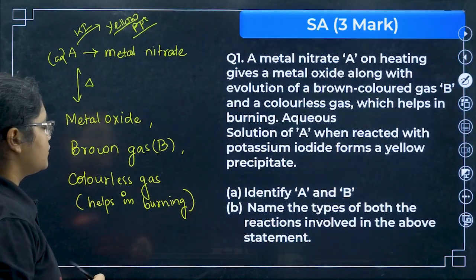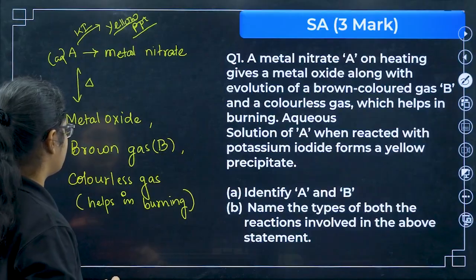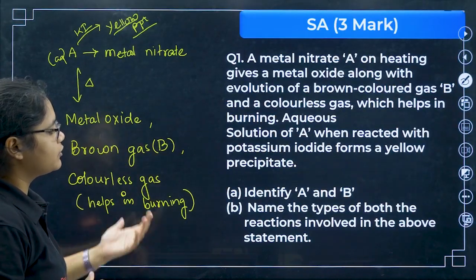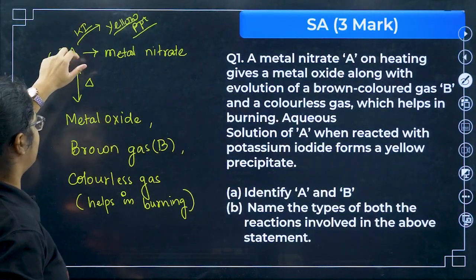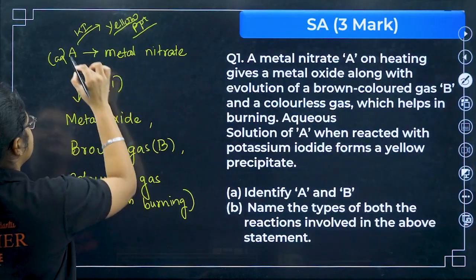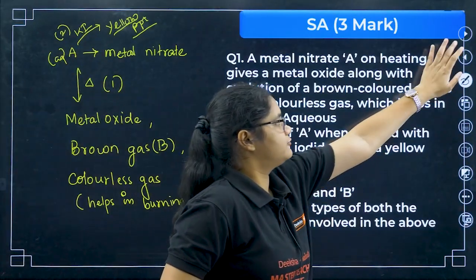Okay, so now identify A and B. So where is B? This brown colored gas is B. You have to identify A and B and name the type of both the reactions involved in the above statement. So this is the first reaction and this is the second reaction. So we have to name the type of this reaction and this reaction.